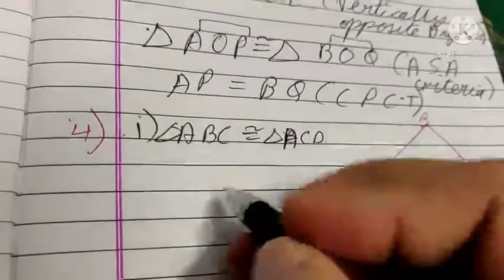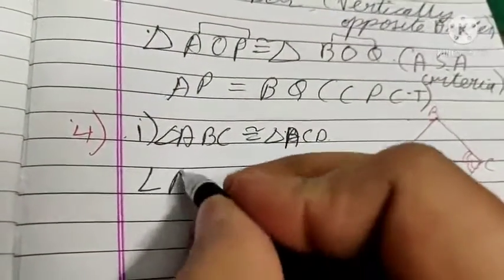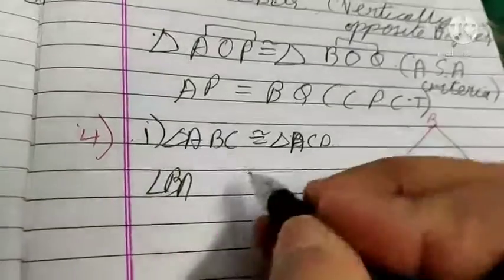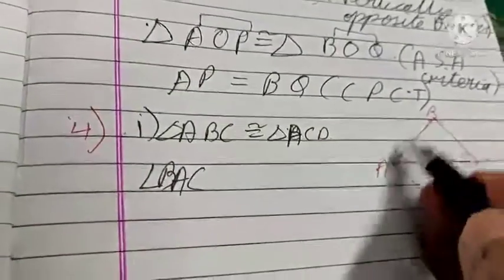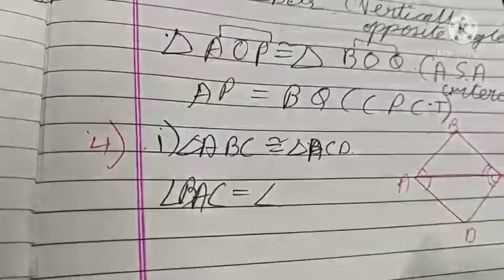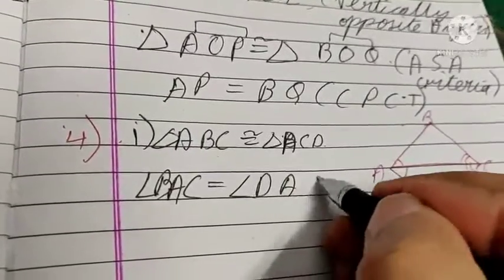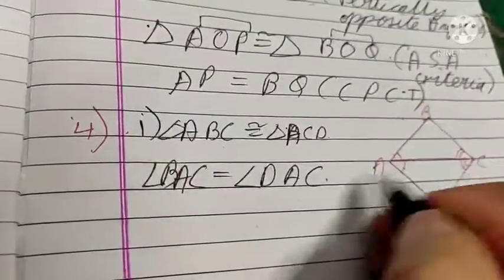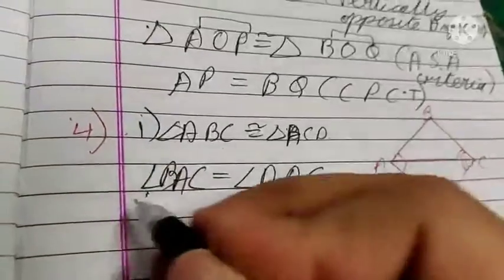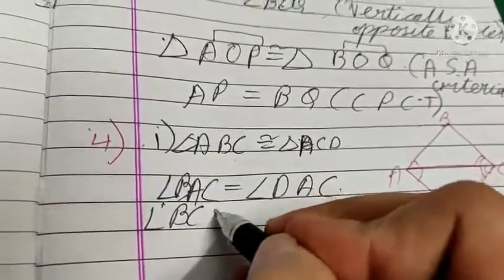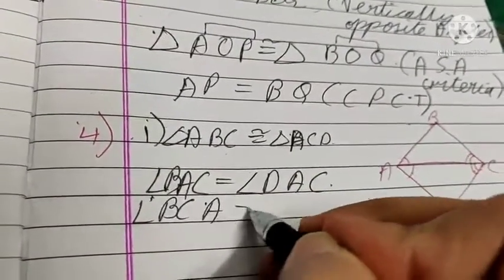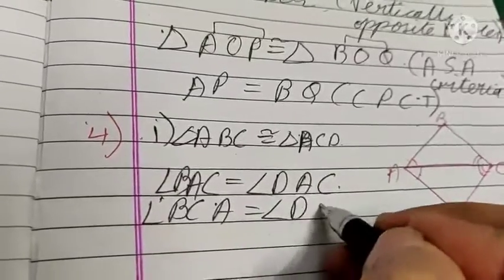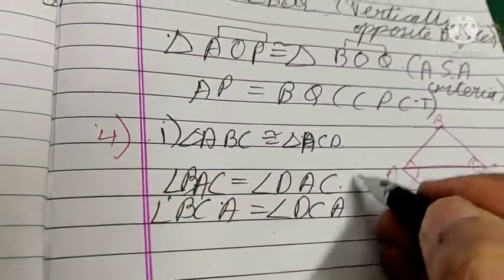Okay, here angle BAC is given equal to angle DAC. This is given, and this double angle BCA is given equal to DCA. These two are given.